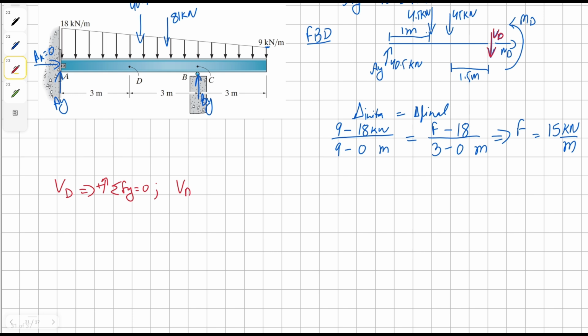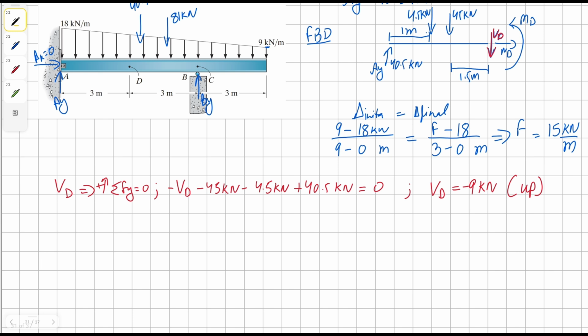We're going to have our shear, which we don't know yet, negative 45 kilonewton, negative 4.5 kilonewton, and then positive 40.5 kilonewton, all equals to 0. Solving for shear at D, we get our solution as negative 9 kilonewton. So this means we need to convert either our sign or just note right here that it's going upwards.